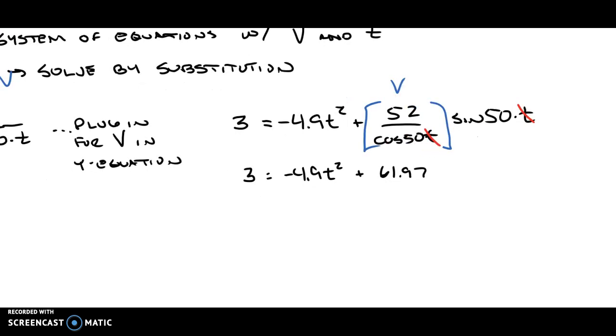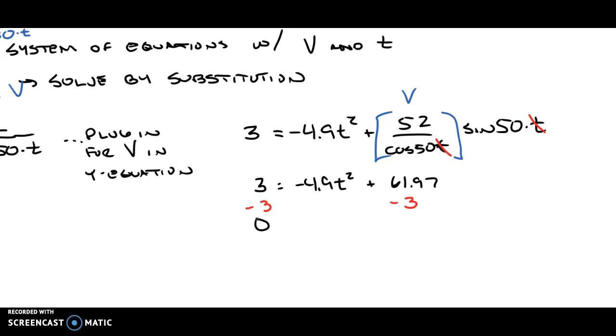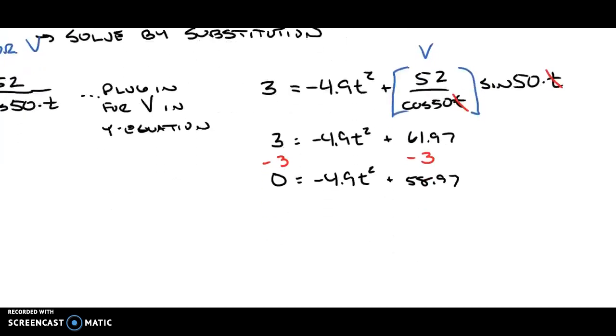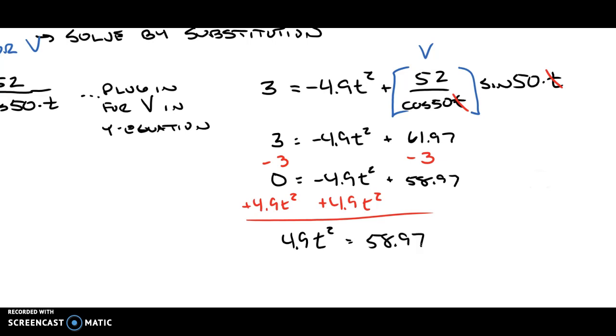So now I'm just solving for t. I can subtract 3 from both sides, and I get 0 equals negative 4.9 t squared plus 58.97. Then add 4.9t squared to both sides. Now it's just an algebra problem. I get 4.9t squared equals 58.97.